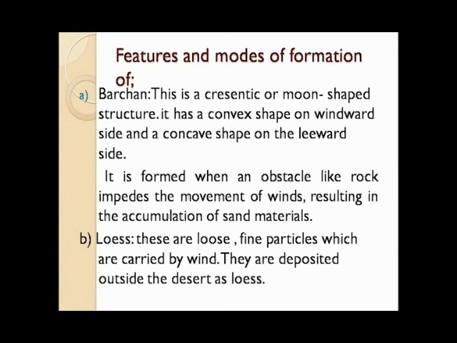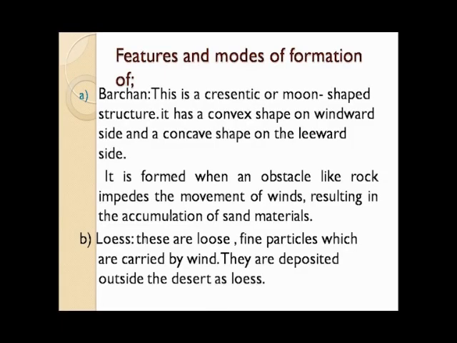Features and modes of formation of the following. A, we have the barchan. B, we have the loess. And finally, we have the seif dunes. Let's talk about the barchan. This is a crescentic or moon-shaped structure which has a convex shape on the windward side and a concave shape on the leeward side.